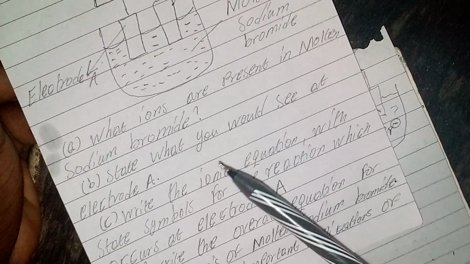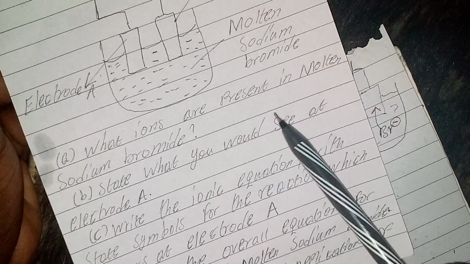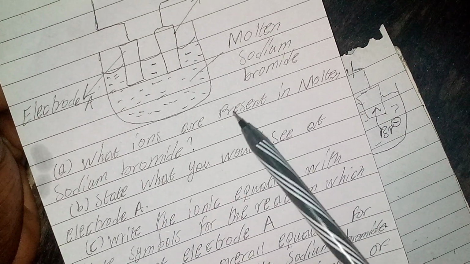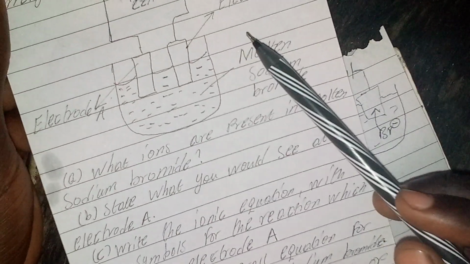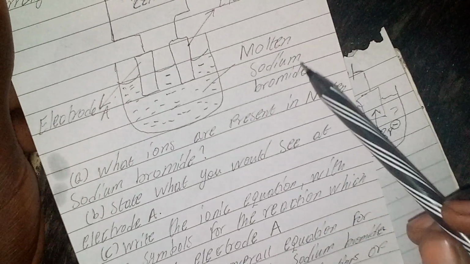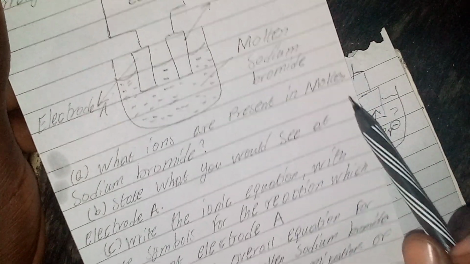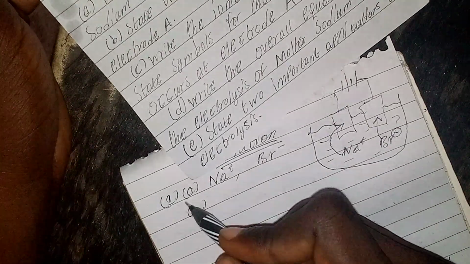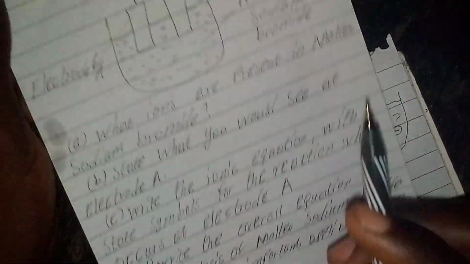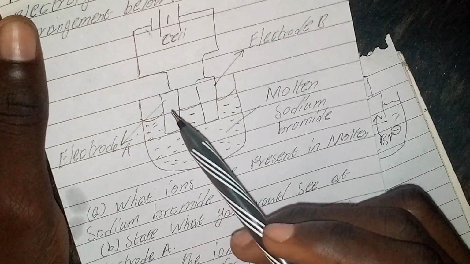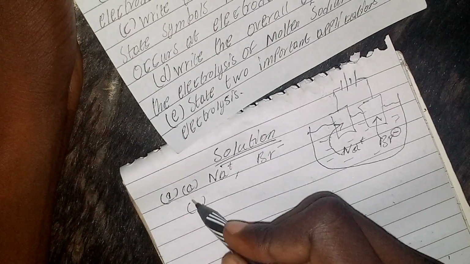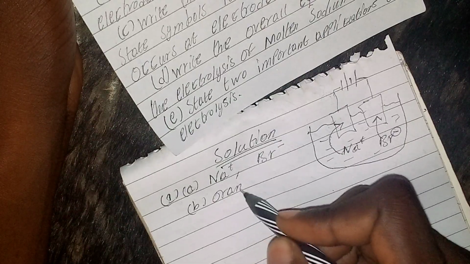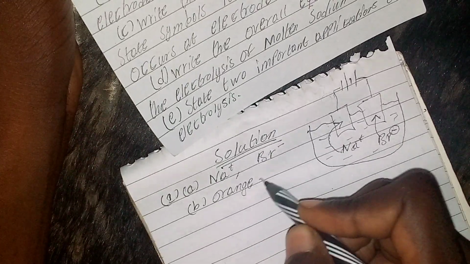So now let's go back to the question. State what you would see at electrode A. So what you see is a color change, which is B, a color change from orange to what?